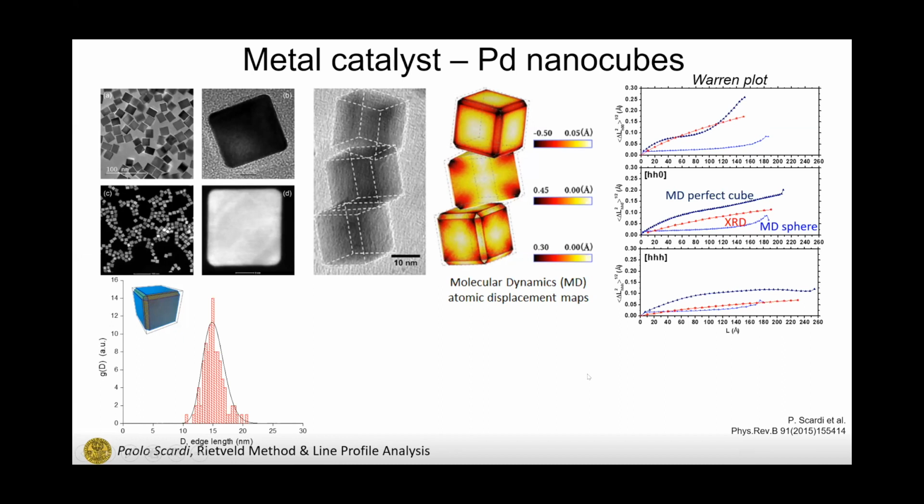And it is nice to see that if we repeat now molecular dynamics just for this shape, so we introduce a truncated cube, not a sharp cube, not a sphere, we get probably the best agreement with the experimental results.